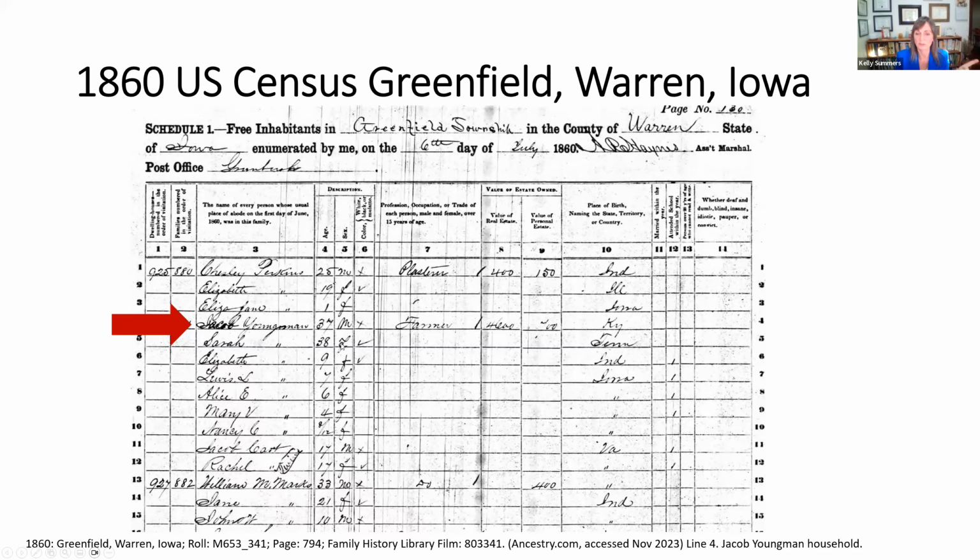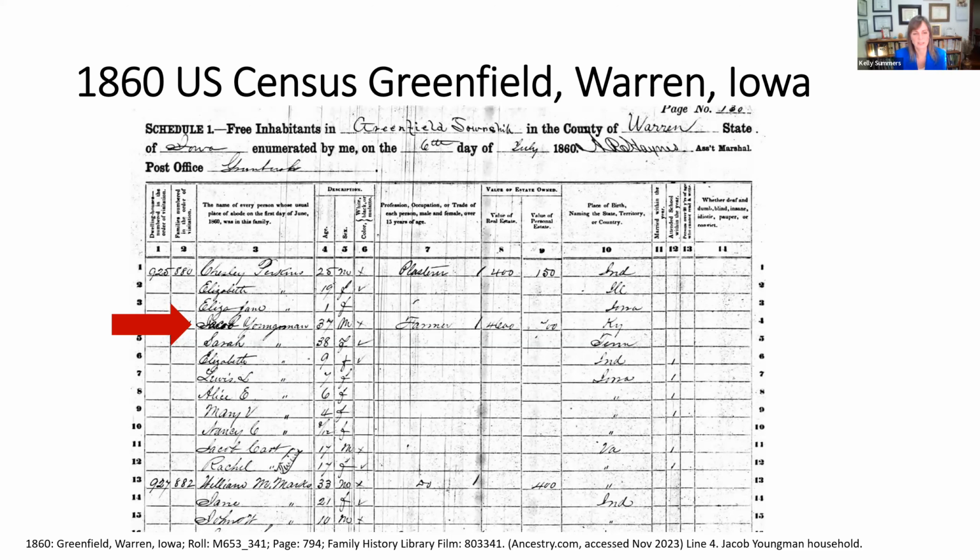She's 38, a year older than him, and born in Tennessee. Then we see children that we saw in the last census: Elizabeth, Lewis L., Alice E., Mary V., Nancy C. All of those children are named the same except for the last one. Nancy C. was listed as Carrie in the last census.